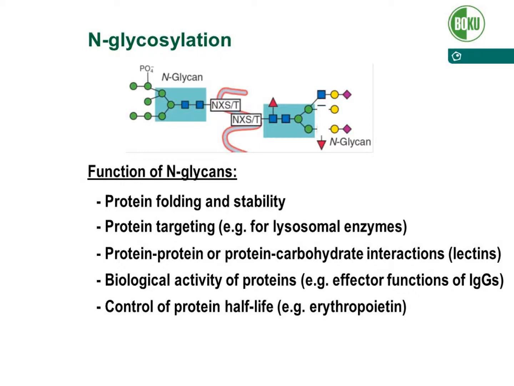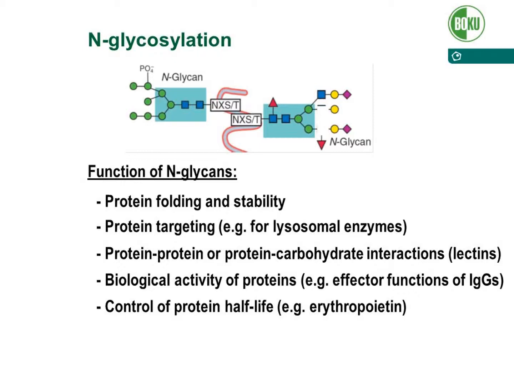Lysosomal enzymes actually need a phosphate on a mannose to get to the lysosome. It's the correct zip code. We'll talk about that. And there are diseases where people are born without the zip code, and it's called a storage disease, and it's not very good.